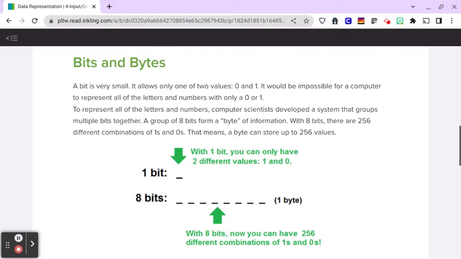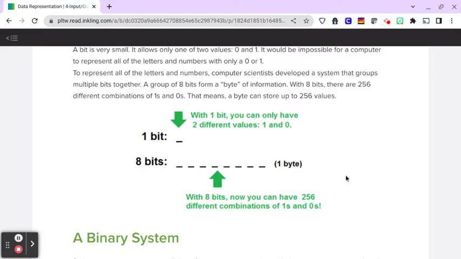With 8 bits, there are 256 different combinations of zeros and ones. That means a byte can store up to 256 values. With 1 bit, you can only have 2 different values, 1 and 0. With 8 bits, you can now have 256 combinations of zeros and ones.